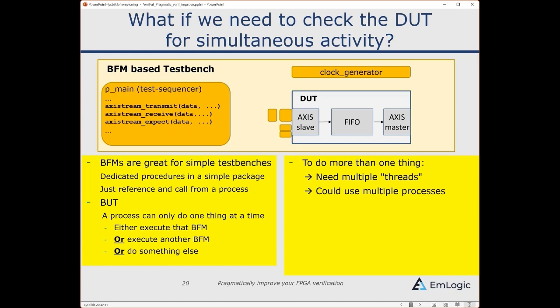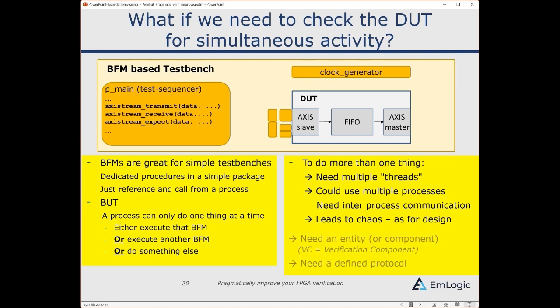Problem is that if we want to do that in a structured way and do things properly, have a proper check of this interface, there are going to be multiple processes here. And then we need inter-process communication, and that normally leads to chaos, as it would for design when you have multiple cores that need to talk to each other.